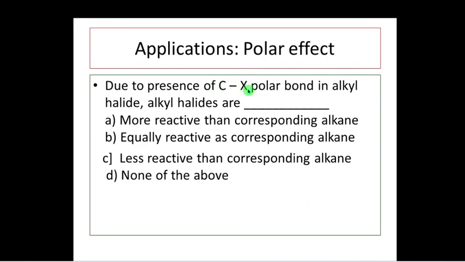As we already pointed out, the polar effect leads to a difference in electronegativity between C and X. Based on this, the polar bond makes alkyl halides more reactive than the corresponding alkane. So our option of interest here is A, the correct one.